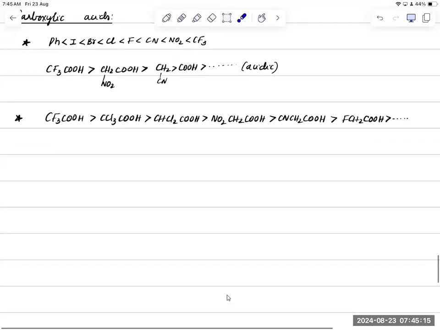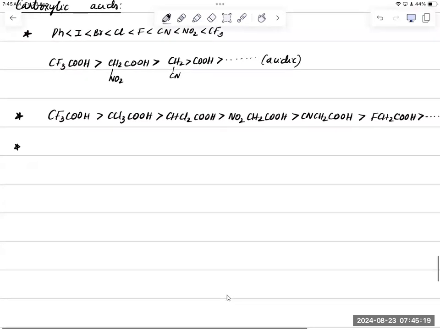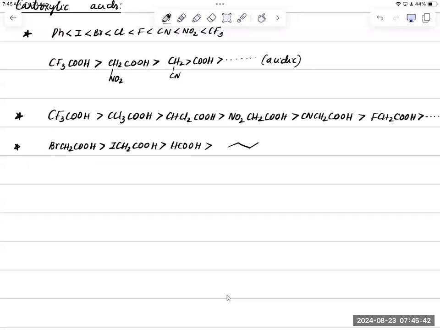Okay, next one. If you notice the bromine case here, BrCH2COOH is greater than ICH2COOH, which is greater than formic acid, but formic acid is greater than the 2-carbon acid, and then we have Cl here.